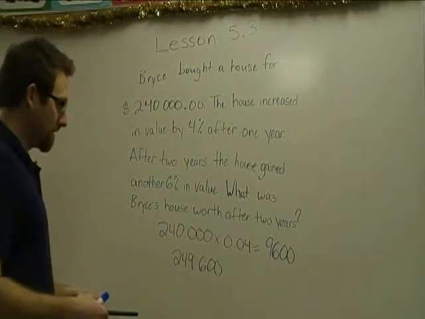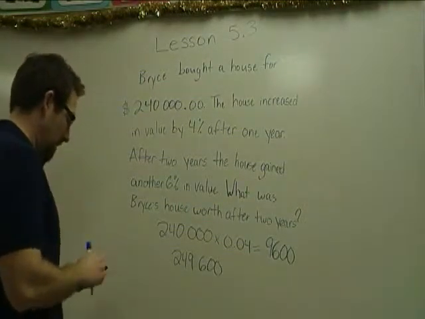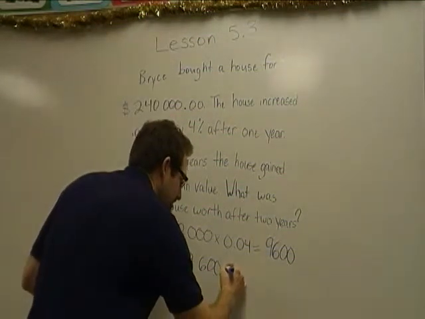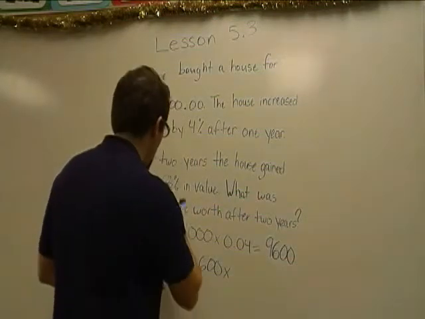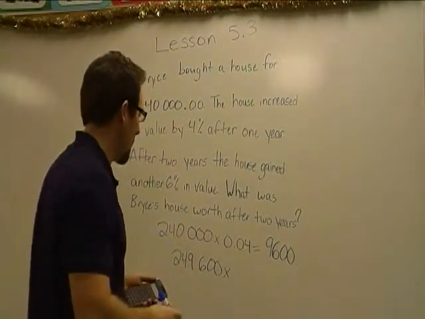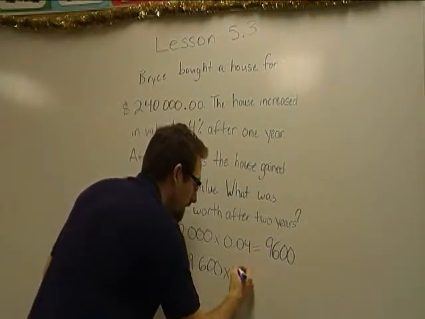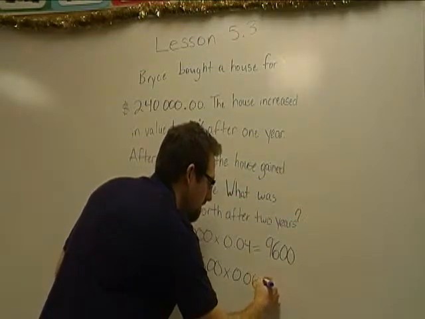So now the second year it starts to gain some value again. So let's go ahead and see what our increase was in the second year. So I'm converting 6% into a decimal. So I divide by 100. I get 0.06.